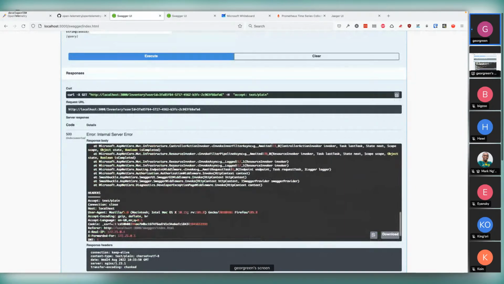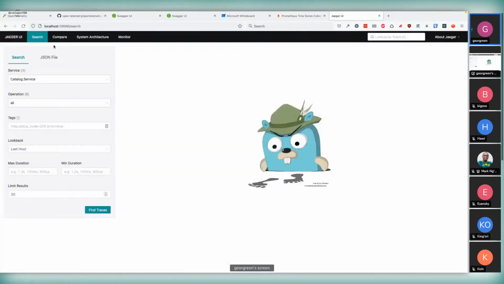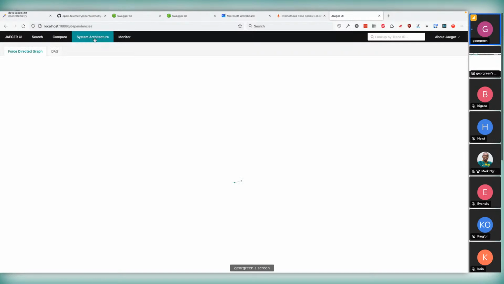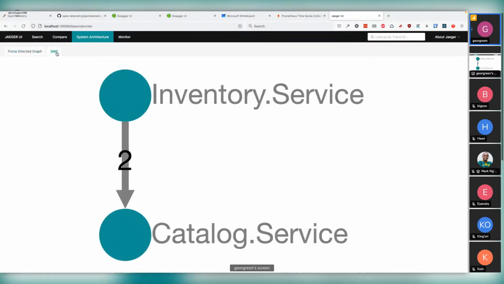Well, this is where you need telemetry when such things happen. We can jump into our vendor in the picture I showed earlier. This is where our telemetry is sent, and we can try to figure out what the heck went wrong there. So we can reload this, and you can see it says I have 3 services, and then we don't know what this application is, so we can try to figure out what's going on here, and we can create the system architecture.